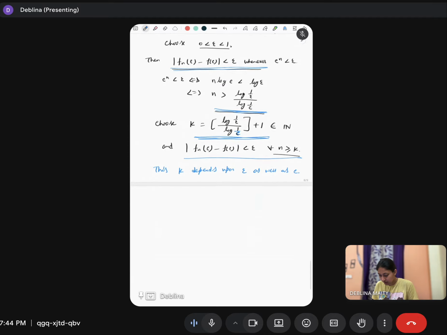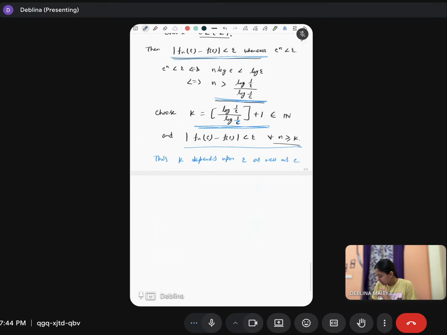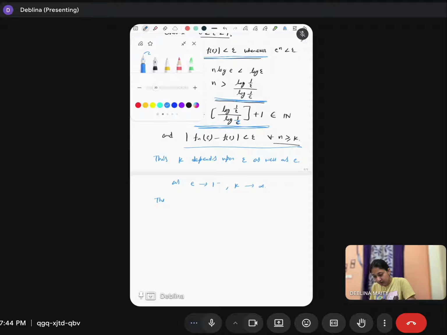So therefore, also here we see that as c goes to 1, this k is going to be infinity, right? So therefore it is not uniformly convergent on (0, 1).